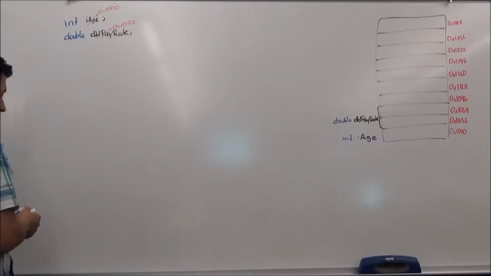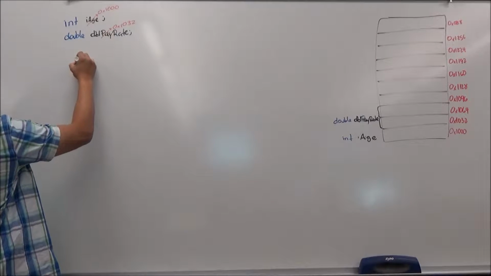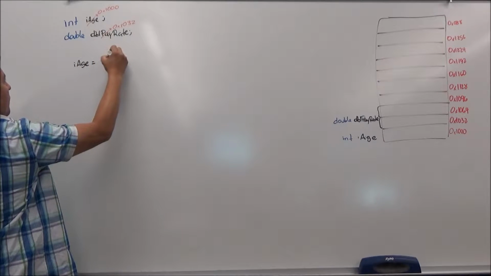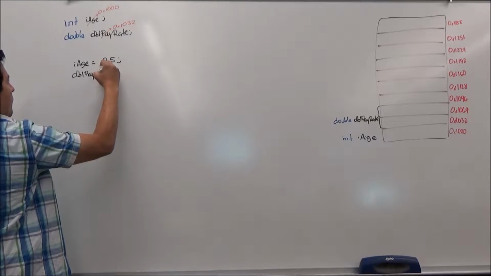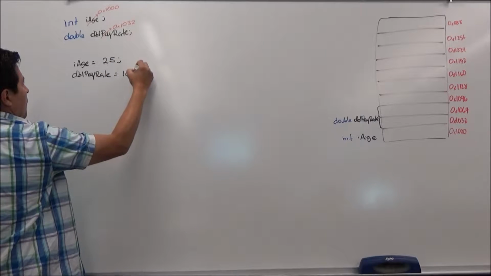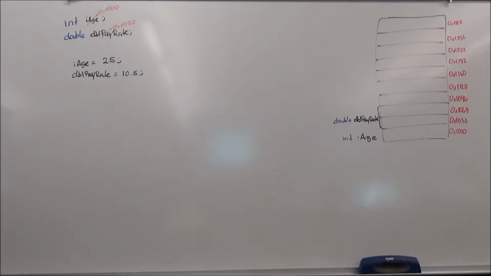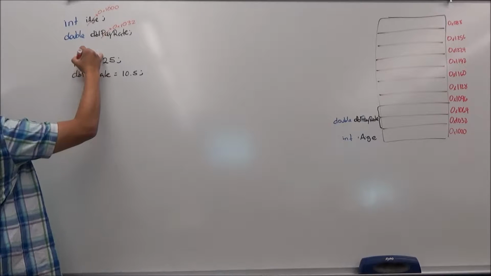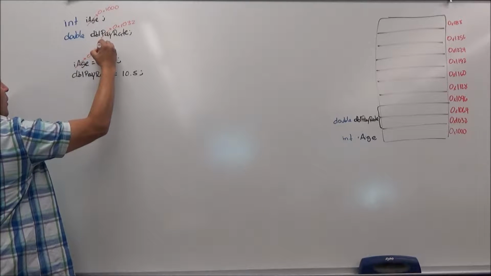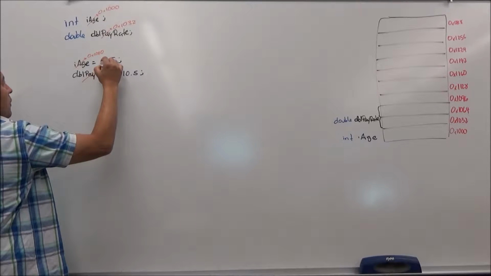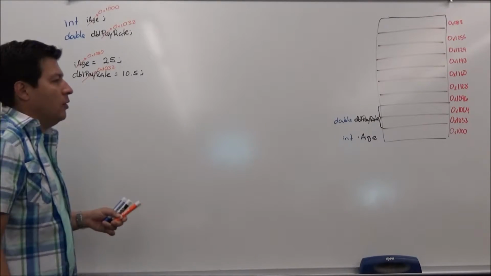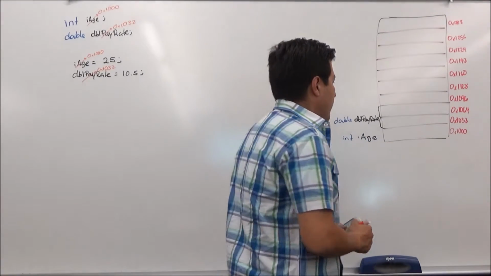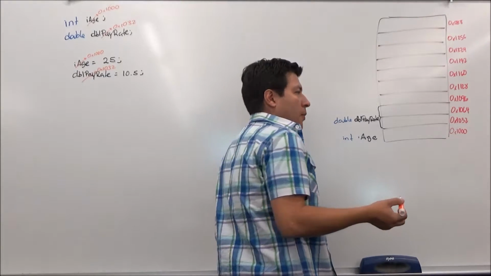So if I say, I can do a direct assignment. Remember, the equal sign is the assignment operator. So the computer doesn't use the name, it uses the address when it's running. So it's going to say address 1000, which is here, put the value 25, so whatever that value might be.